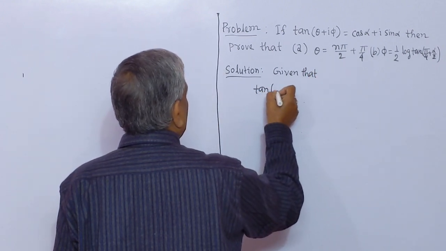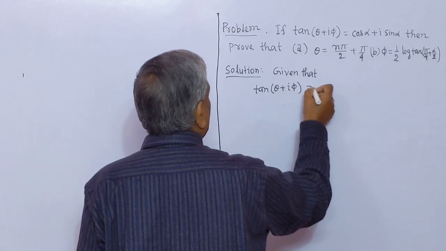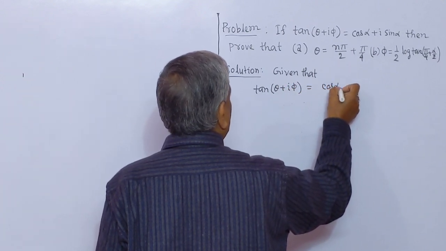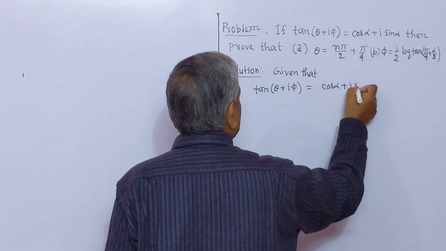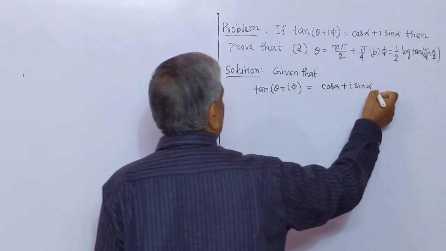Given that tan(θ + iφ) = cos α + i sin α. This is number one.